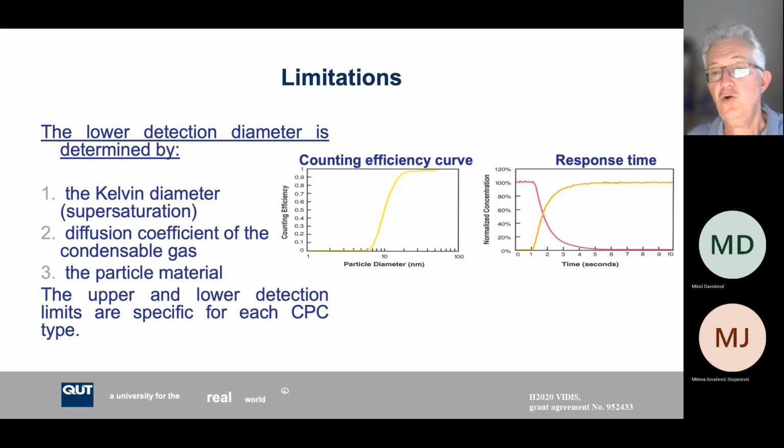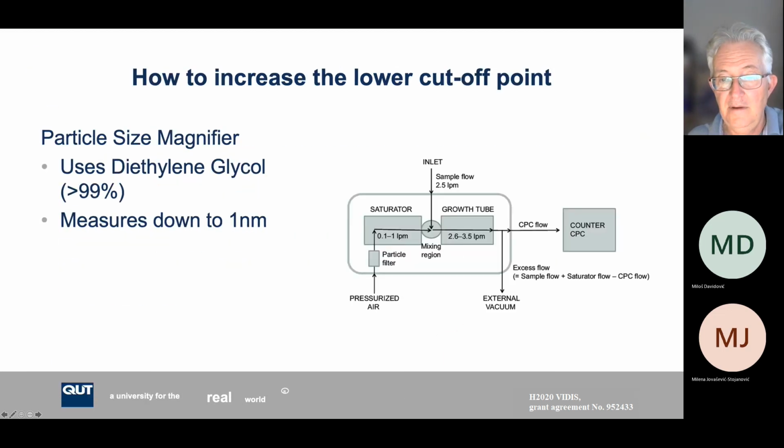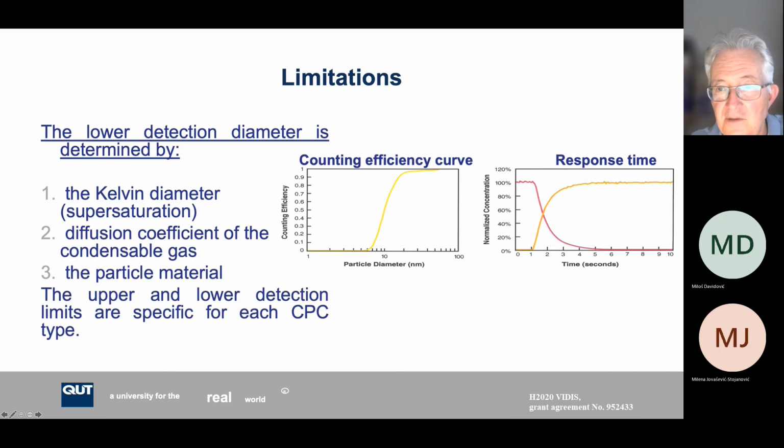detected. And also another important characteristic of the condensation particle counters is the response time. So how quickly they can respond to a change in the concentration from 0 to 90 or 100%. And that defines how quickly they can see any fluctuations in the particle number concentration. And that depends on the mixing volume.